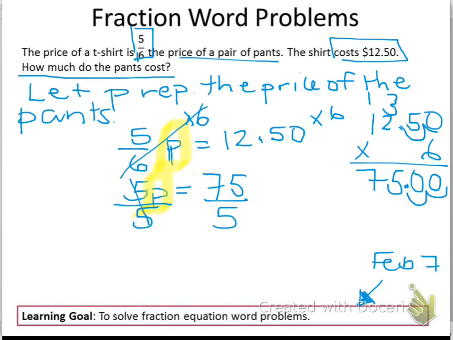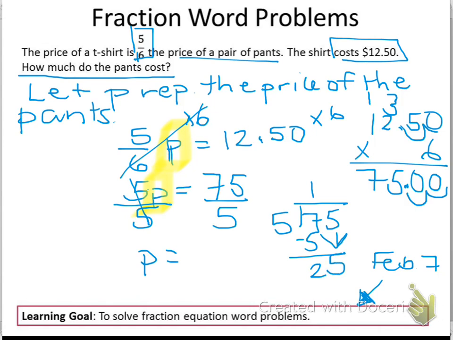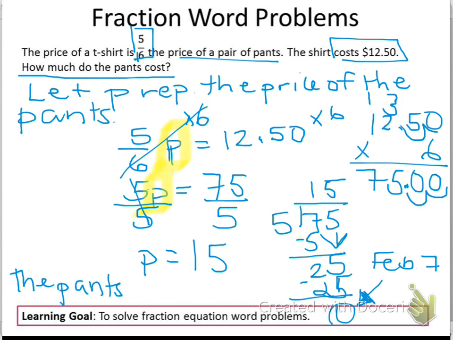These two will cancel out, so we get P is equal to whatever 75 divided by 5 is. 5 goes into 7 one time, and 5 goes into 25 5 times. 5 times 5 is 25. So we know that P is equal to 15, and P represents the price of the pants, so we can say the pants cost $15.